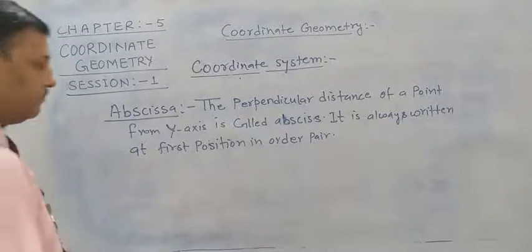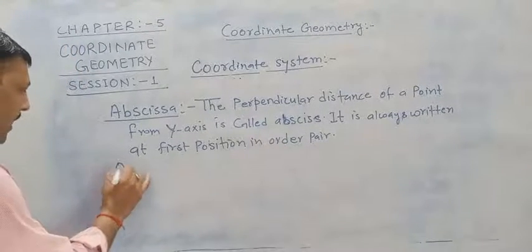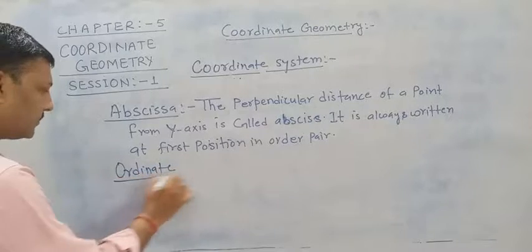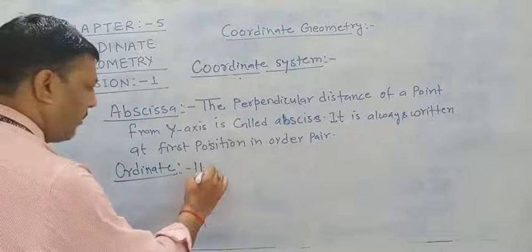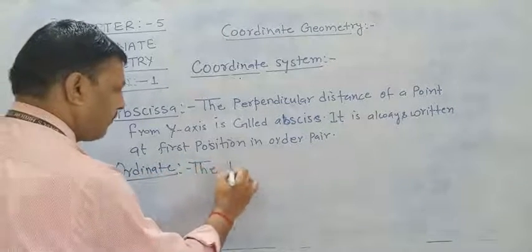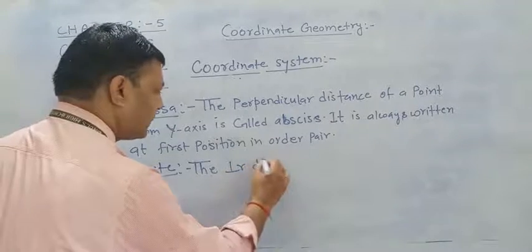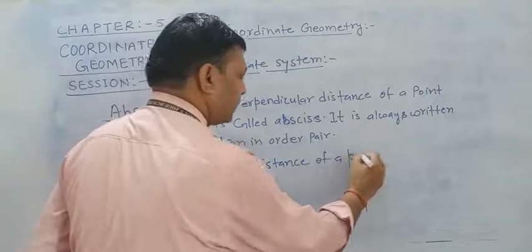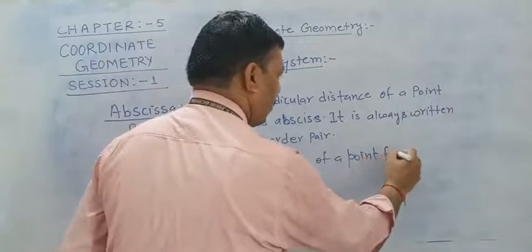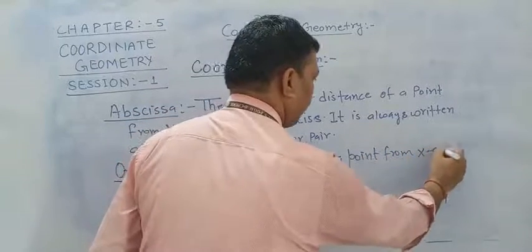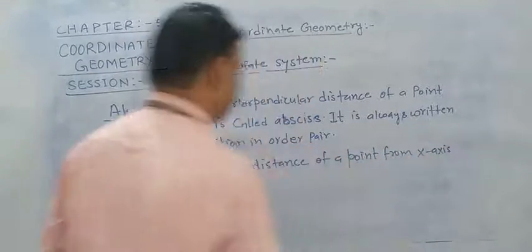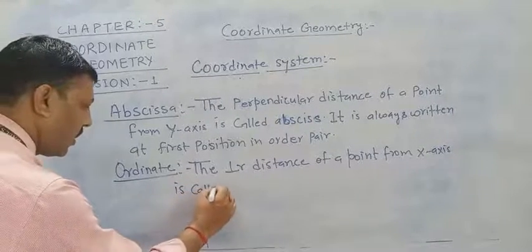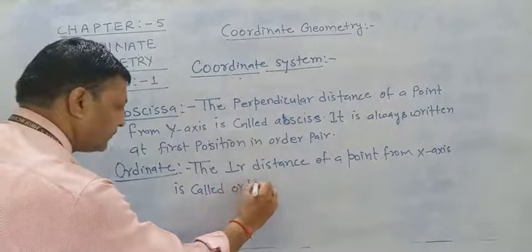And ordinate: the perpendicular distance of a point from the x-axis is called ordinate.